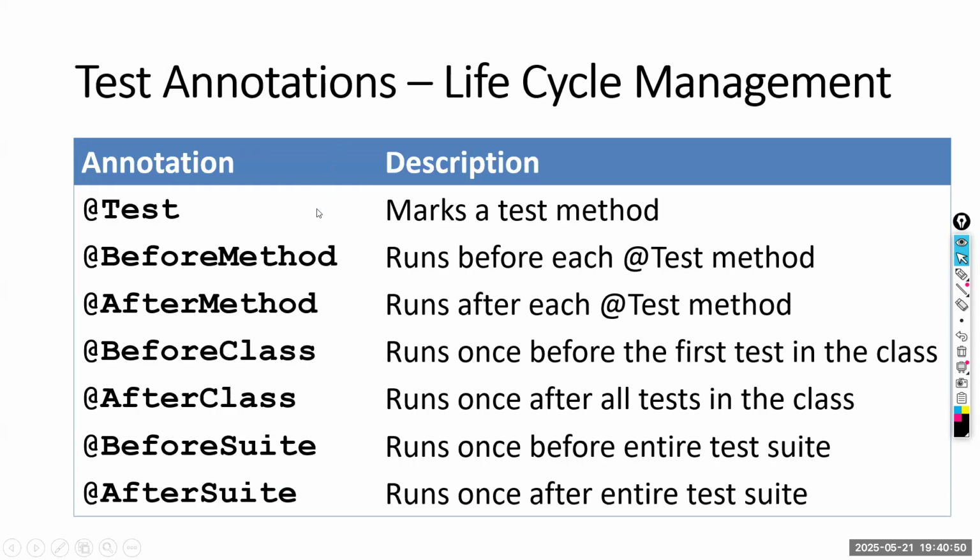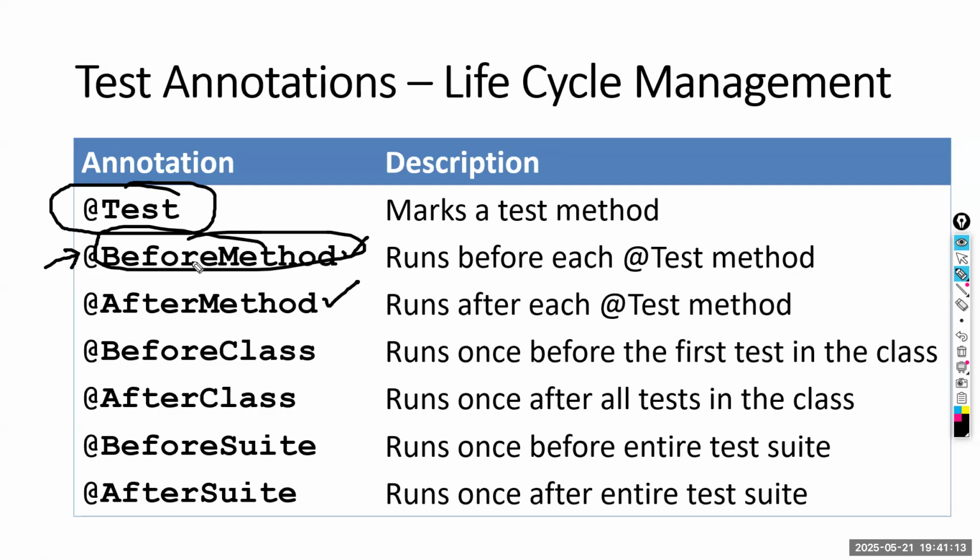Of course, these can be any method you want, but you can mark those using these annotations. We already used the annotation Test, which marks that it is a test method. Then you have BeforeMethod and AfterMethod. If you have a method with the BeforeMethod annotation, every time a test method is called, this is getting called. And if you have AfterMethod, after each and every test method completes, this method is called.